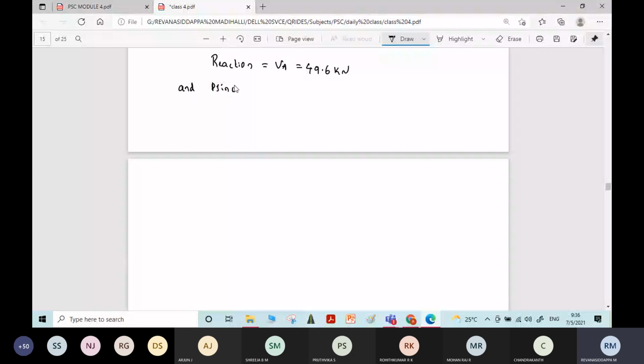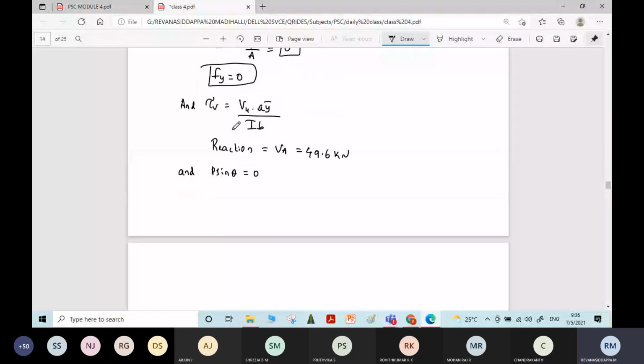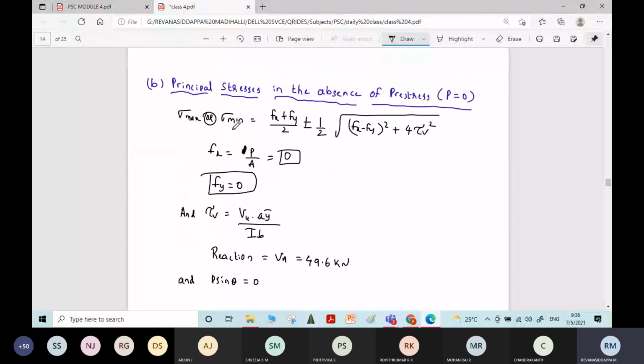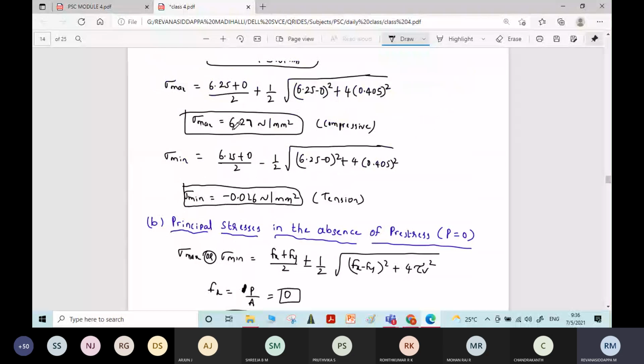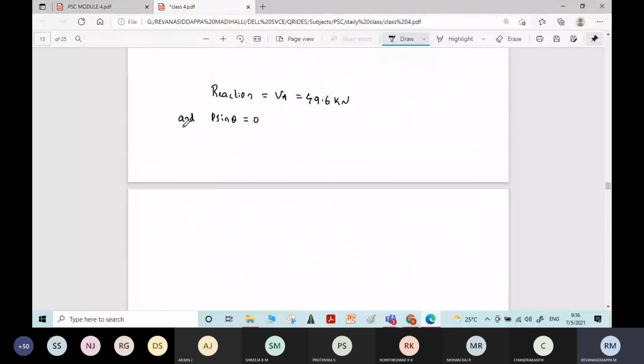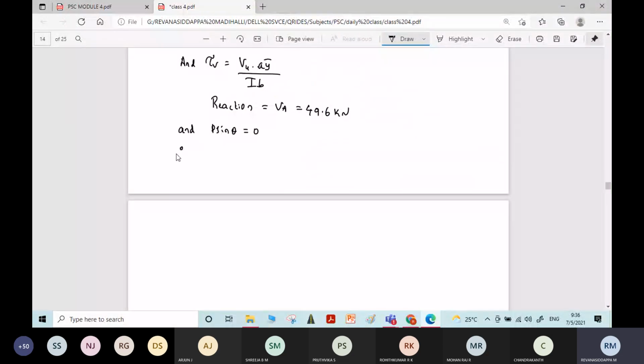Therefore, what is the net shear force which acts at the support section? The net shear force is equal to Vu is equal to Va minus P sin theta.